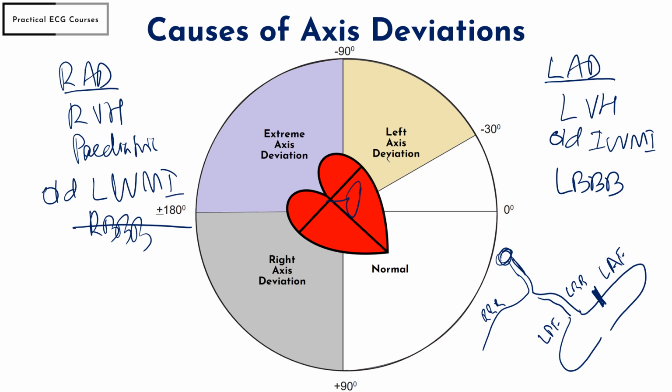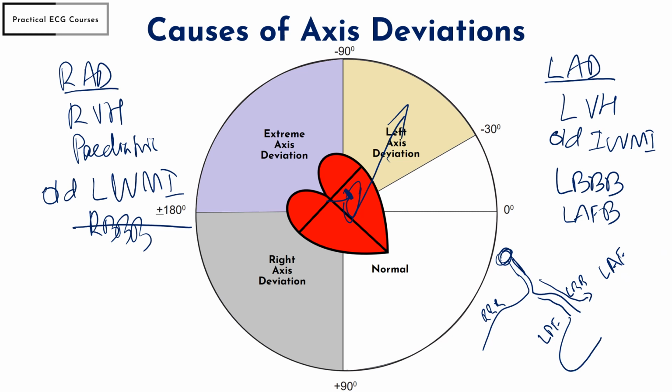When you have a left anterior hemiblock, the impulse can't go down this way. So the impulse goes down the posterior fascicle and then goes this way. In short, the impulse goes down this side and goes all the way there. And therefore, left anterior fascicular block produces a left axis deviation.